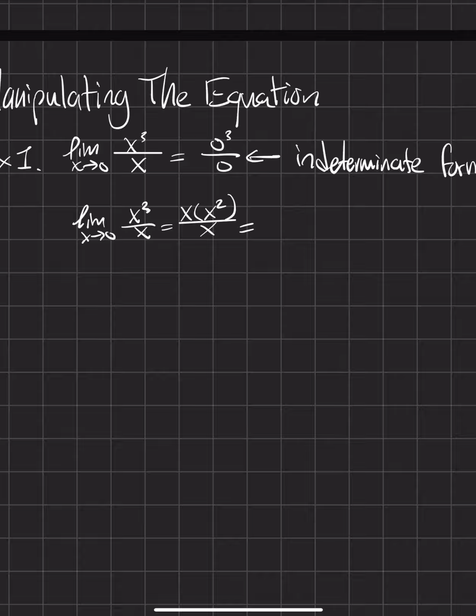So now we change the color here, change it to blue. Why not? You can now go, oh, let me cross out this x, let me cross out this x, and then end up with x squared. And then you can say, oh, can I plug in 0 into this? The answer is yes. And you get 0 squared, and 0 squared is just 0. So correspondingly, the limit as x approaches 0 of x squared is just 0.